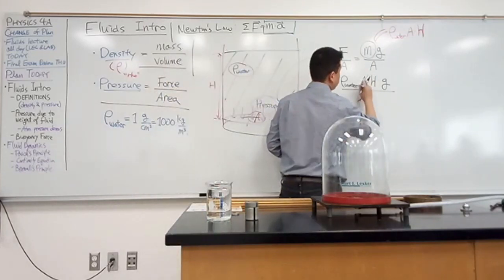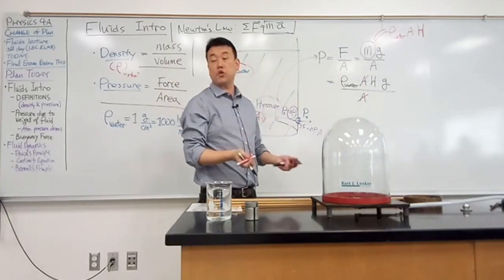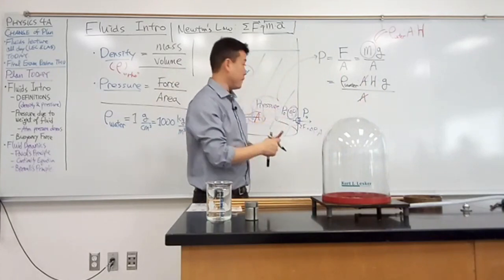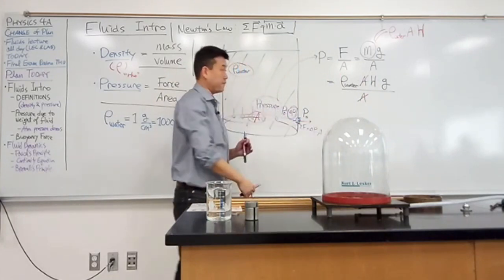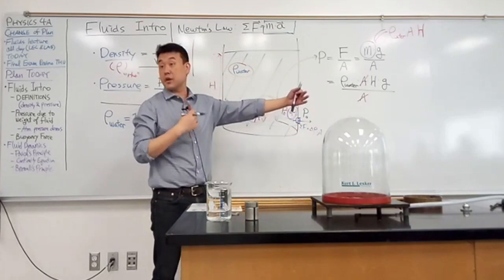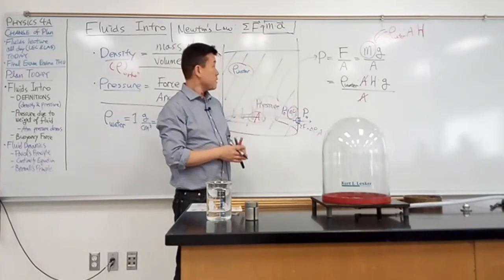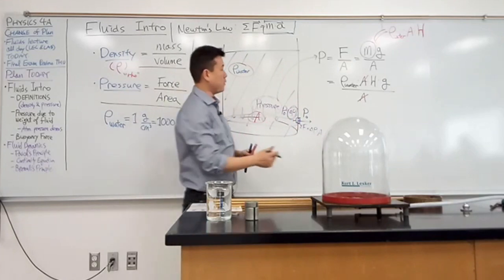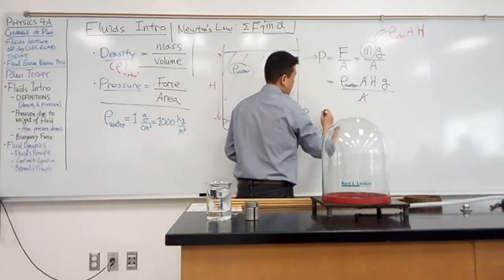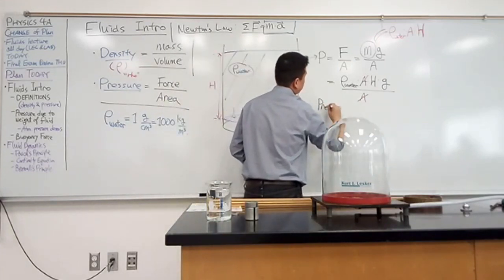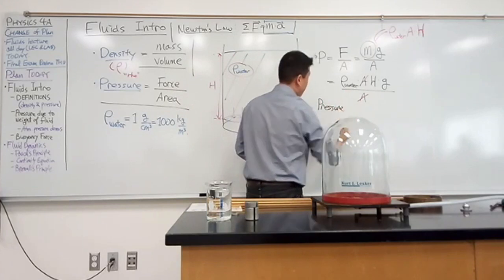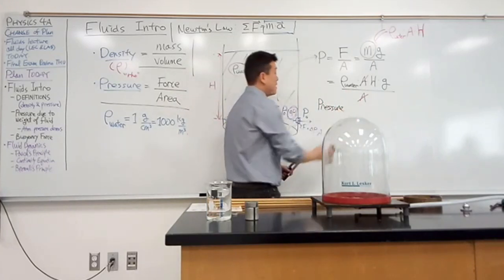Because when you are looking at pressure, it's force per area. So if you have larger area, you also have larger force because you have more water. So this is what we call pressure due to weight of fluid. I don't think there's a better name than this. It's kind of a long name.